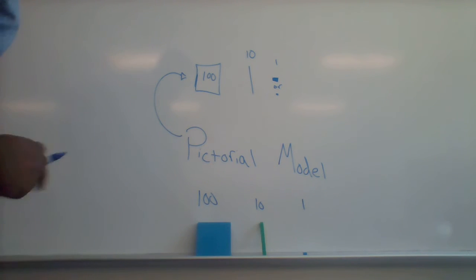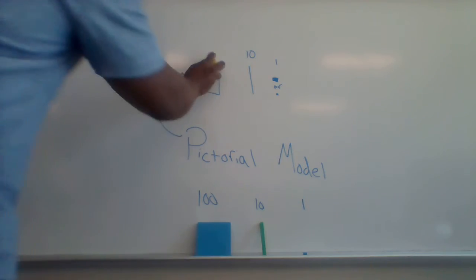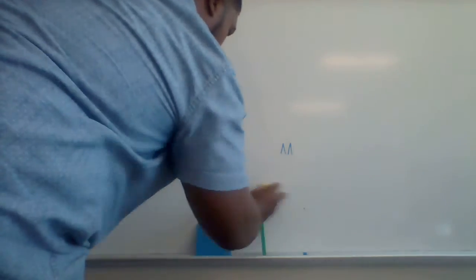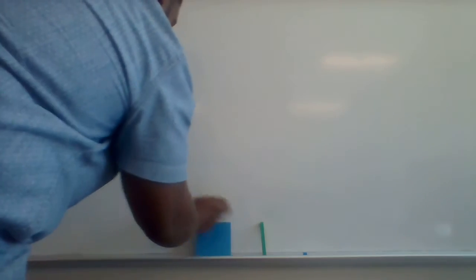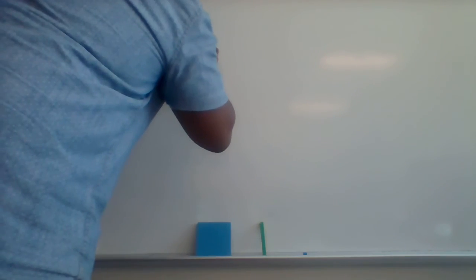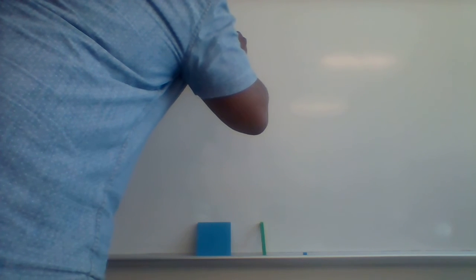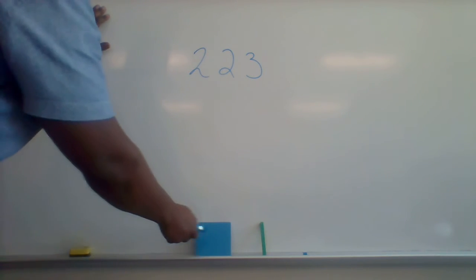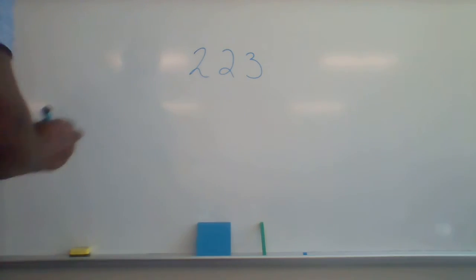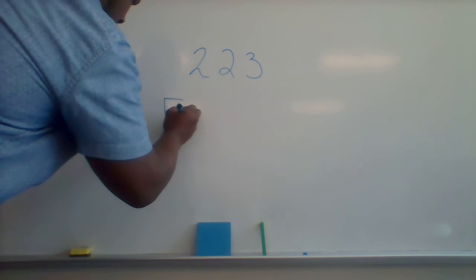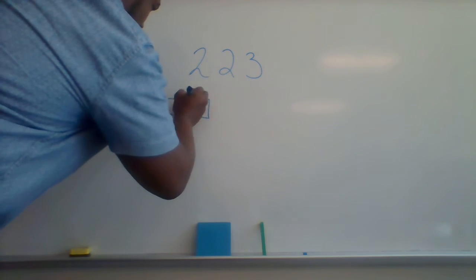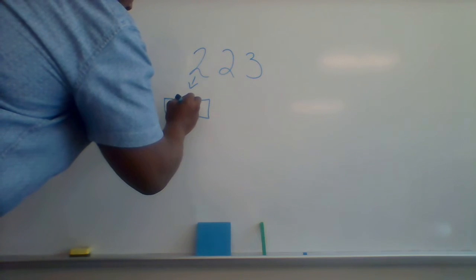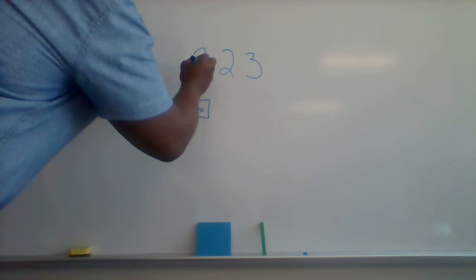Okay, so if I were to make a pictorial model using the number 223, I would have two flats, 100, 200. I need 100 plus 100 equals 200.